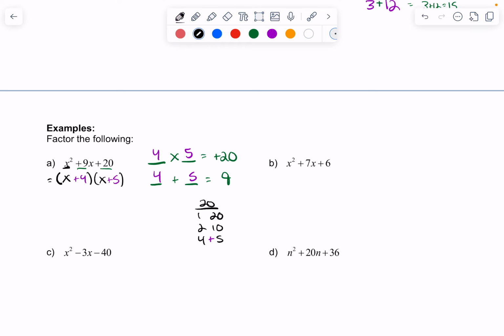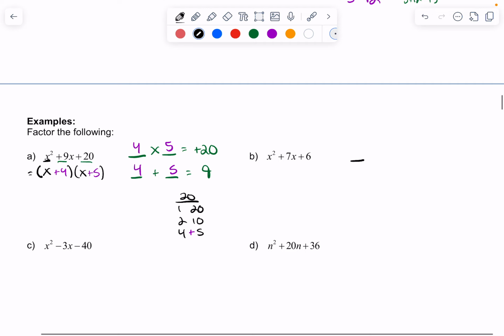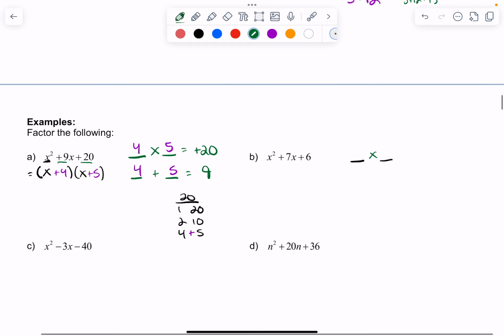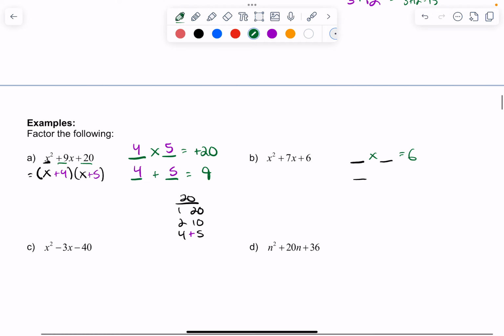There's factored form. So here we have our backside being 6 and the middle side being 7. So when we multiply them together, it has to give you 6. And when these are added together, they have to give you 7. So what are the multiples of 6? All right, so 6 is 1 and 6, 2 and 3.